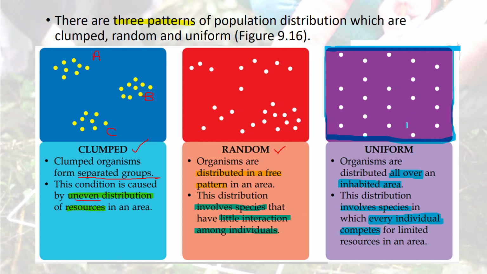Jadi dia tidak nampak ada satu kelompok, tidak wujud, juga bukan secara rawak, tapi nampak secara sekata. Seems like every spot here has got quite even distributions of organisms, and they are actually limited resources in that area lah, and every individual seems to compete for it.